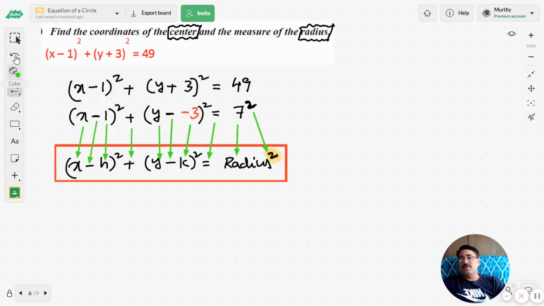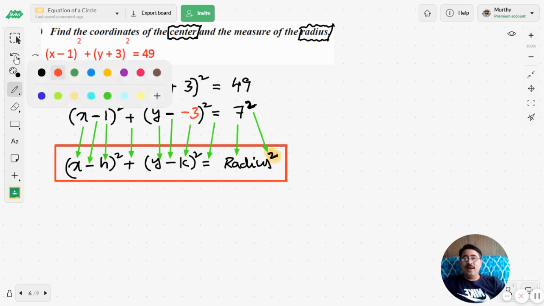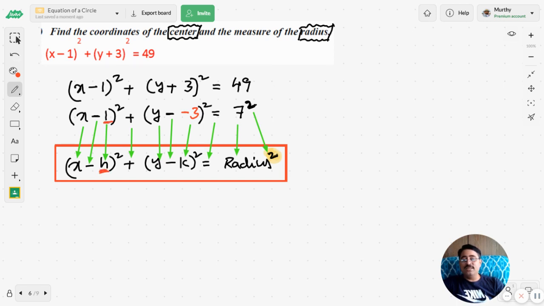Now please observe carefully that here x is matching with x. Okay, so negative sign matching with negative sign. Then here I'm taking 1 and it is matching with h. Therefore h value equals 1, and what is the value of k? You see that it is negative 3.